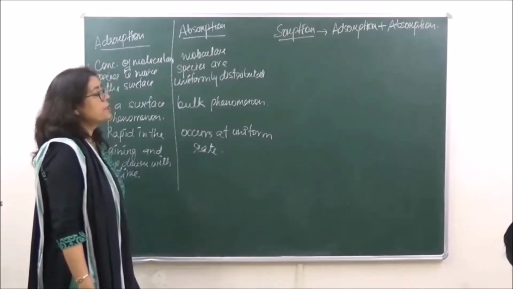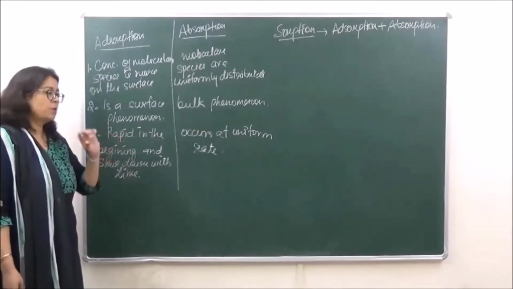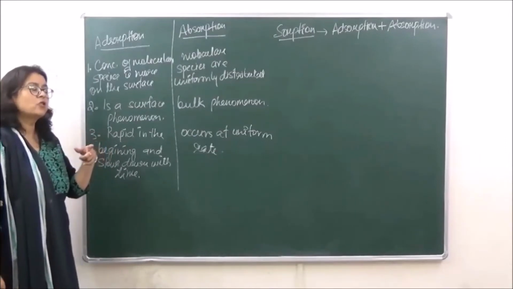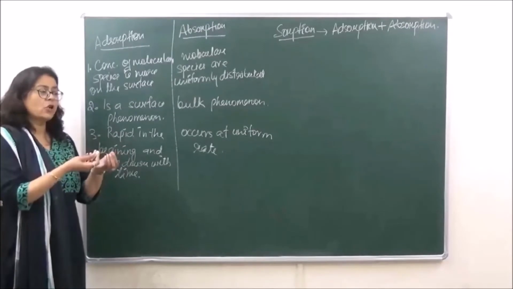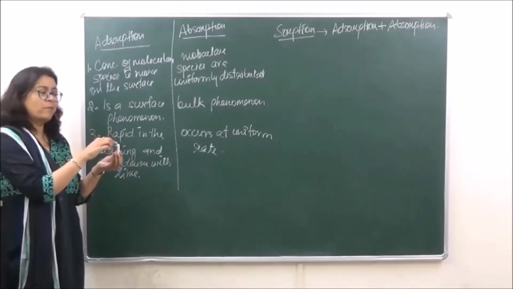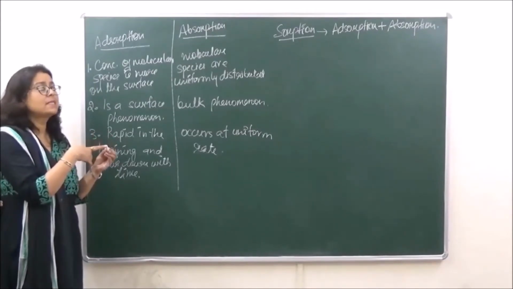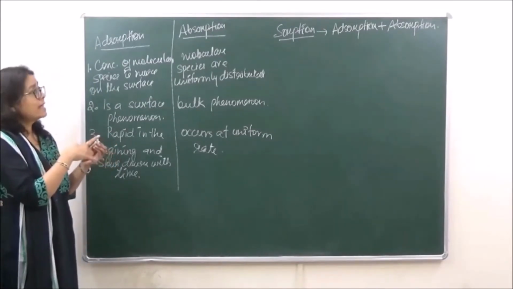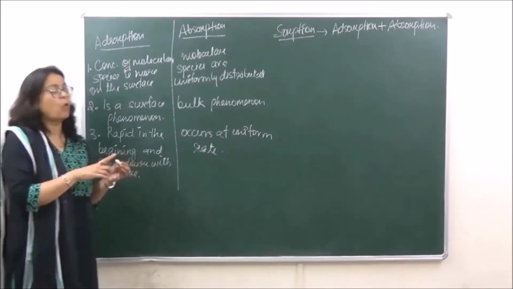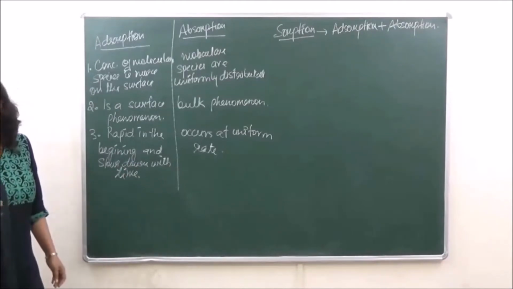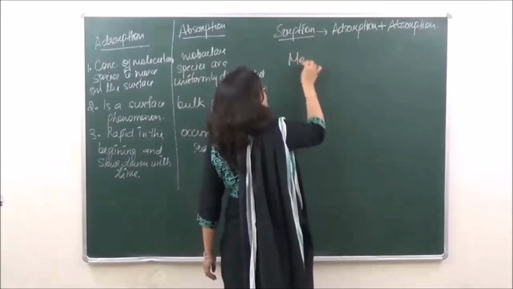For example, if we dip a piece of chalk in ink and take it out, we will see that the ink adsorbed on the surface of the chalk becomes blue. But when you break the chalk, we see that the chalk is wet from inside, but there are no ink marks which can be seen inside the chalk. Right? So that is the process of sorption, in which adsorption and absorption both take place simultaneously. Okay. Now let's understand why adsorption is taking place.